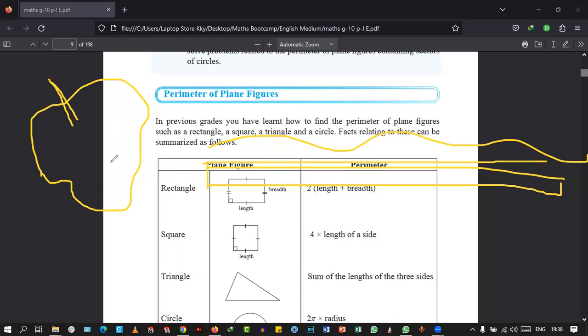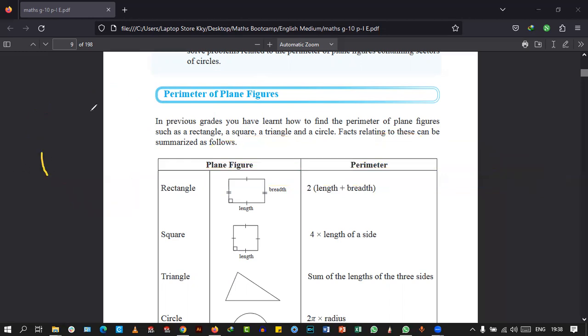That's called the perimeter. So when we are calculating the perimeter, it's like a rope like this. If this rope is bent like this, then this is what we call a rectangle, right?